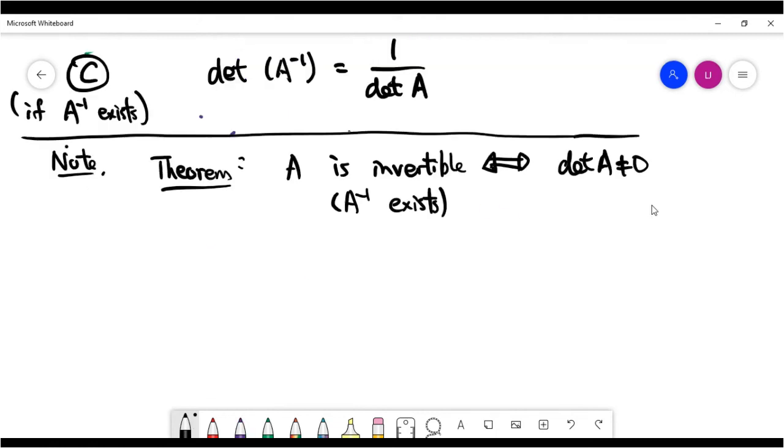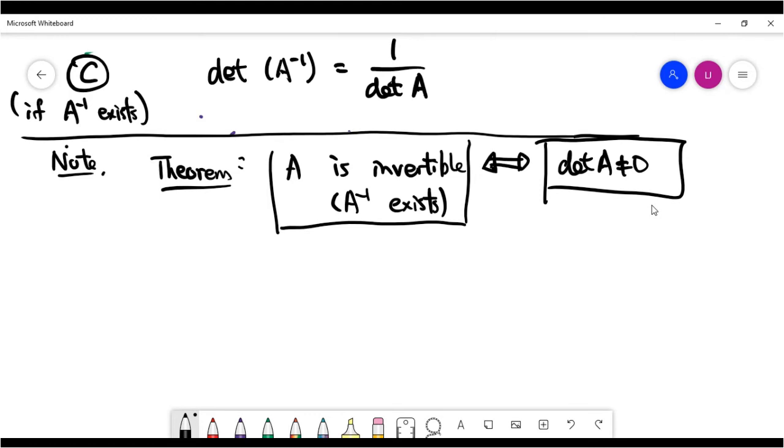And we can look at this theorem in a closer way based on property C. The theorem is basically saying that A is invertible, which means A inverse exists, if and only if the determinant of A is non-zero. It is an equivalence. Let's try to make a quick proof. Let's do the forward direction first, which means I try to prove that if it's invertible, then the determinant must be non-zero.